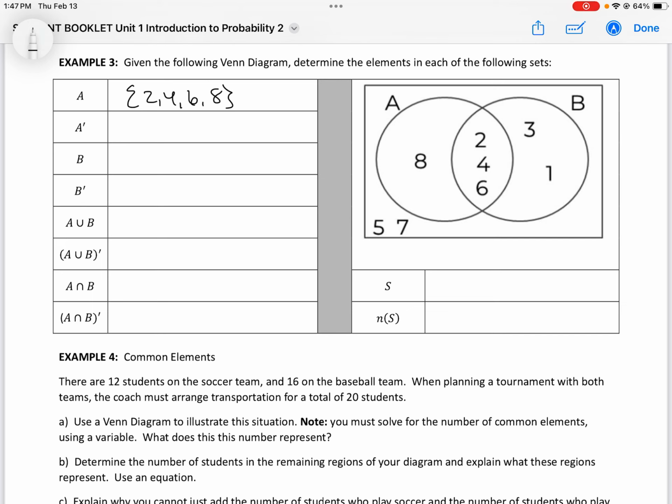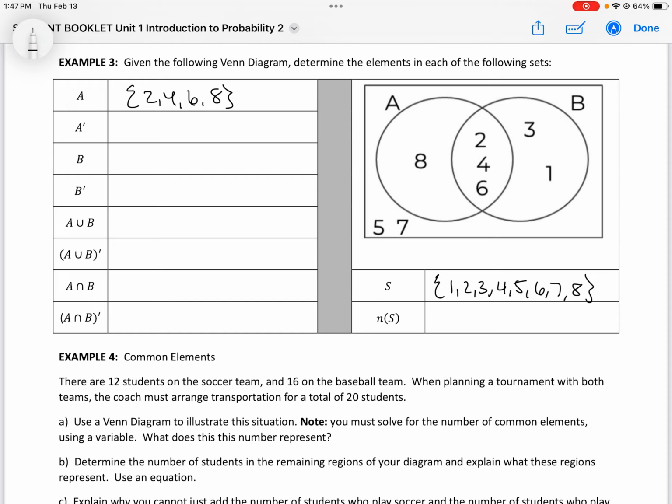What would actually be easier is if we wrote down every element in the universal set, and let's write them in order. So I get 1, 2, 3, 4, 5, 6, 7, 8 would be the universal set.